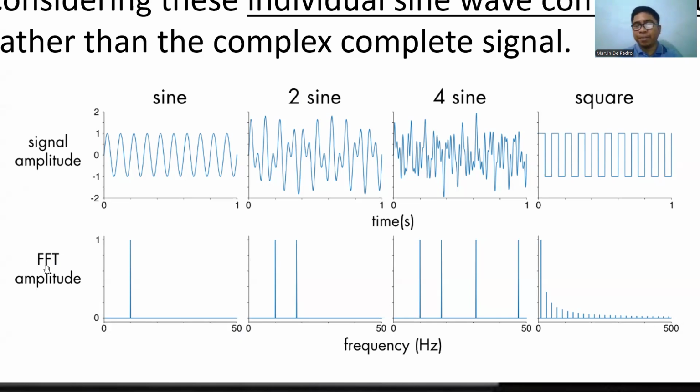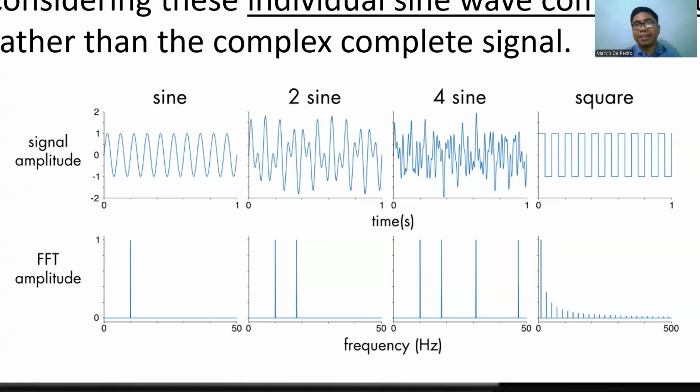FFT, by the way, is the fast Fourier transform. We're going to talk about that in the next module. So in the time domain, we can see this one, but if we look at the frequency domain, meaning if we look at its spectrum, it's just this one. A pure sinusoidal signal has just one pulse in its spectrum.